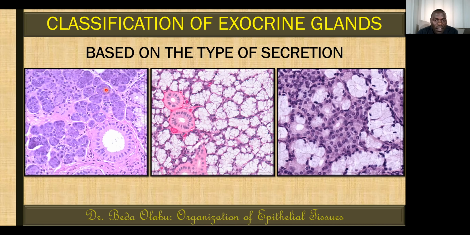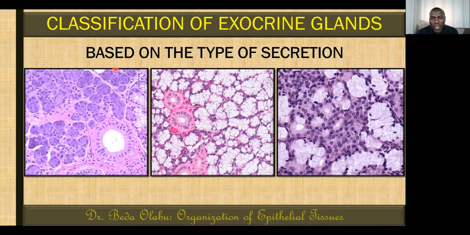So these are acini, but they are acini of different types. Some acini are white, which means they're not taking the stain. So that means that they're mucus acini. But there are some acini which are deeply staining, which means they pick up the stain. So that means that their secretions don't really have a lot of mucus.